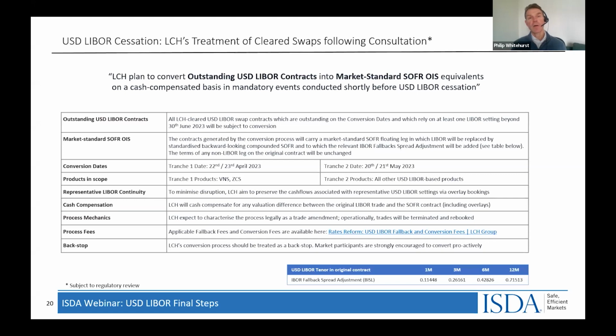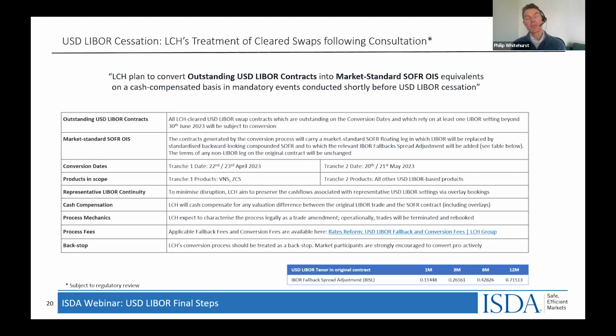The SOFR FRO that's involved is what in the market we refer to as standard backward-looking realized SOFR compounding. That's the self-compounding FRO that Anne talked about. And we are respecting the accrual start and end dates of those interest periods on those contracts.